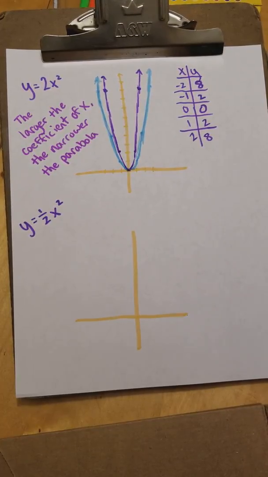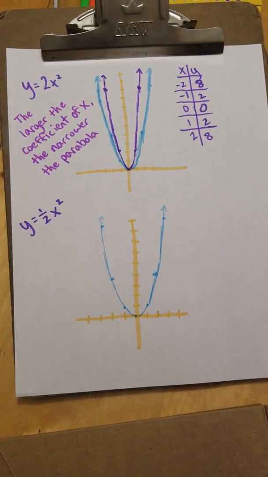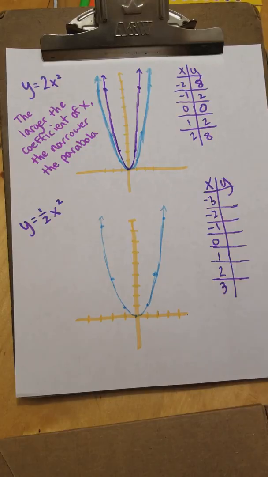Alright, now to y equals 1/2 x squared. Let's draw in the parent function, y equals x squared first. Now let's make our table of values.